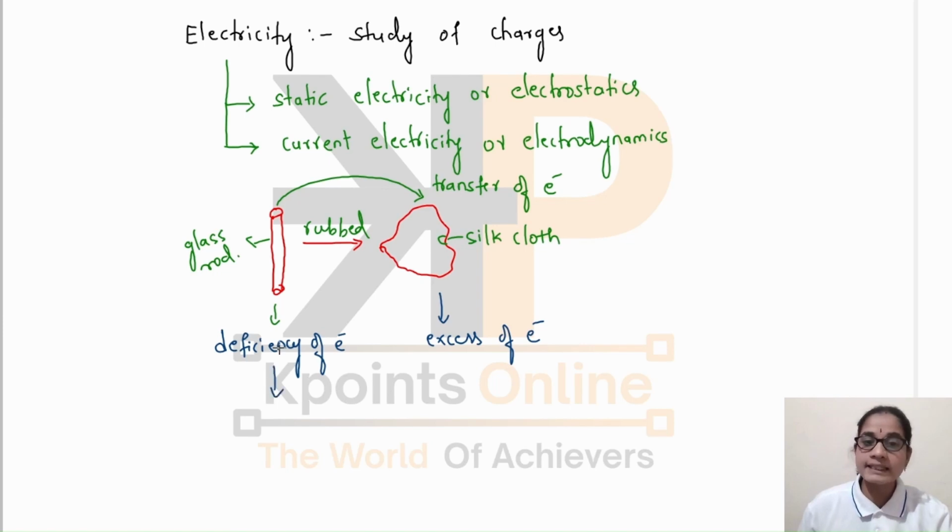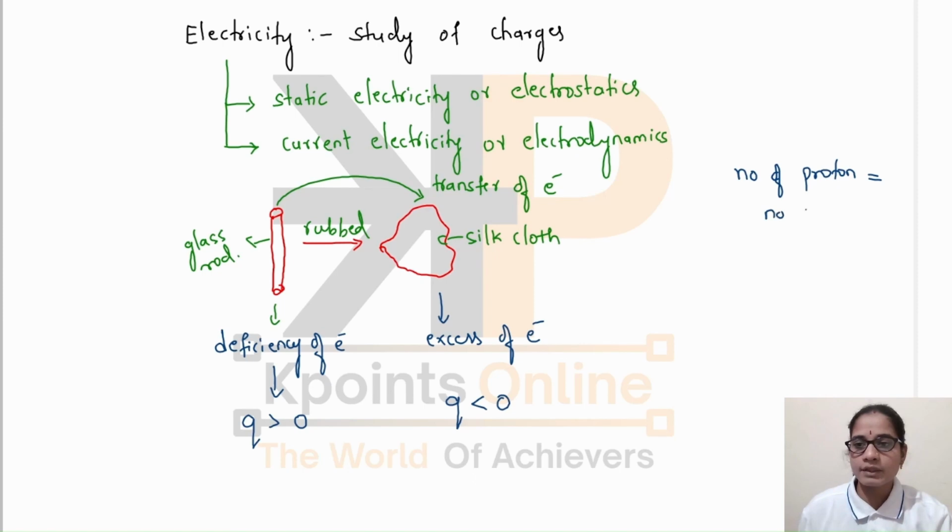In the case of the glass rod, the charge Q is greater than 0. In this case, the charge Q is less than 0. We know that in an atom, the number of protons is equal to the number of electrons for a neutral atom. What happens when there is removal of electrons?